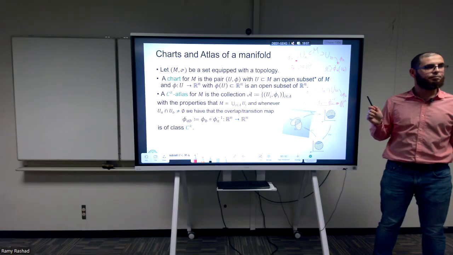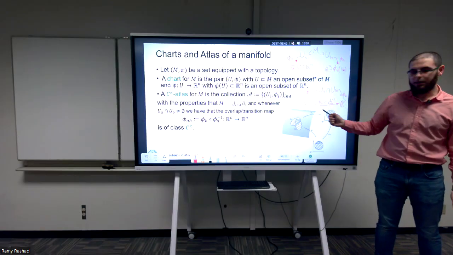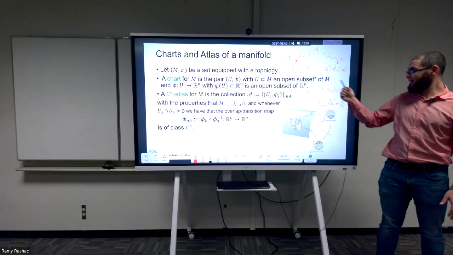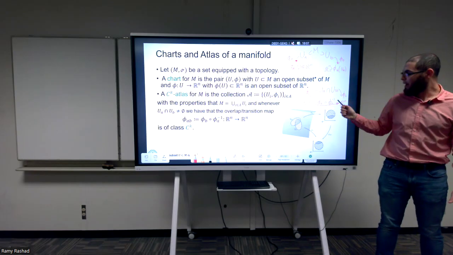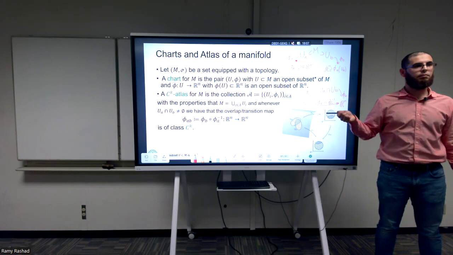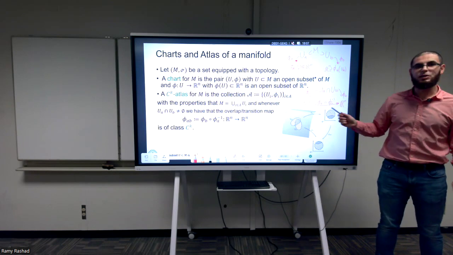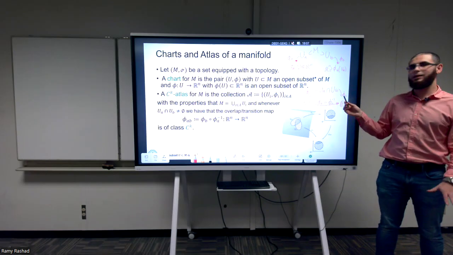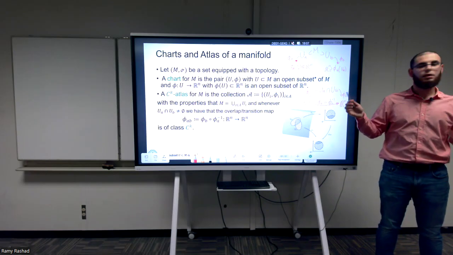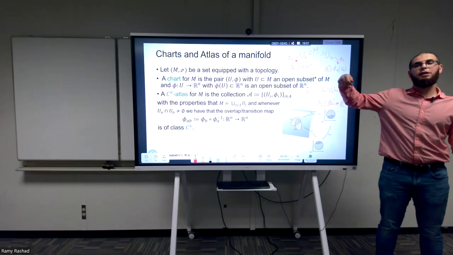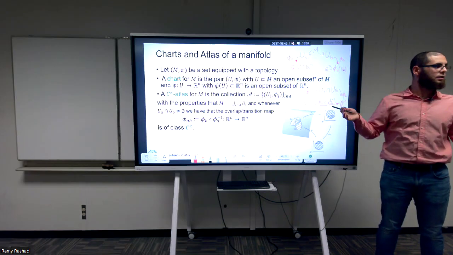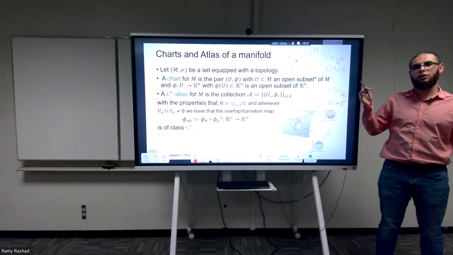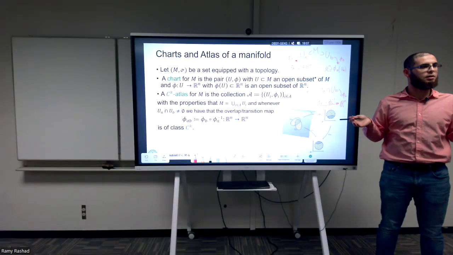You all agree? So for this to be a chart, or for this to be a CK atlas, I require this map to be of class CK. If this map is only continuous, we call this a C0 atlas. If this map is infinitely differentiable, we call this a C infinity atlas, also known as a smooth atlas.